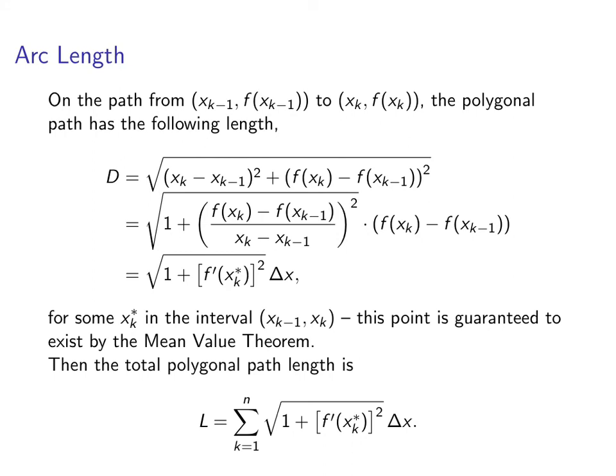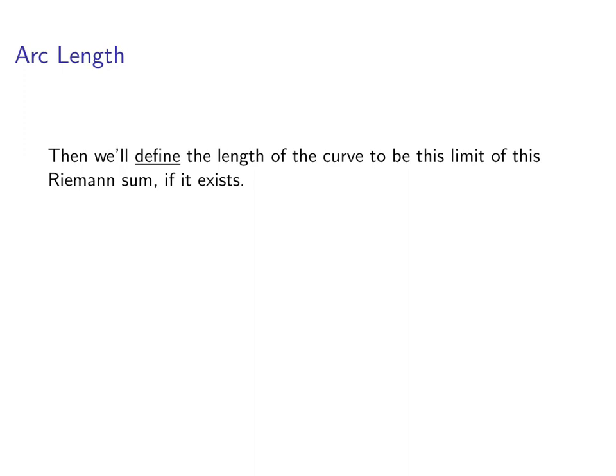So if that's one polygonal path segment, then if we add up everything, we'll get the sum of all these things. And the whole point of doing this is that what we see here looks like a Riemann sum. And so we'll define the length of this curve to be the limit of this Riemann sum, if that limit exists.